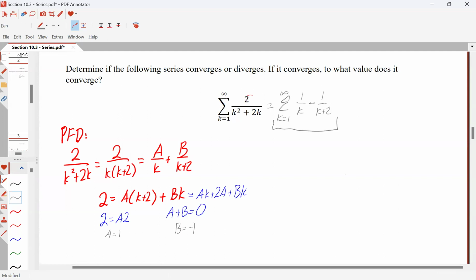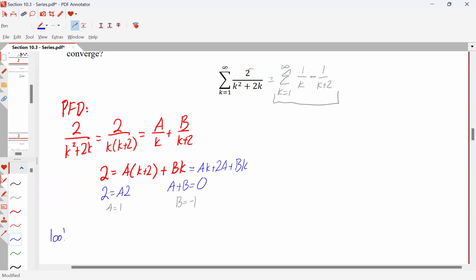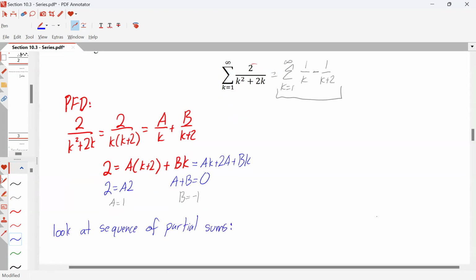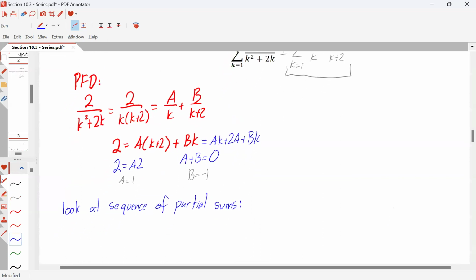So just like last time, we want to look at the sequence of partial sums. So writing out the first few terms.